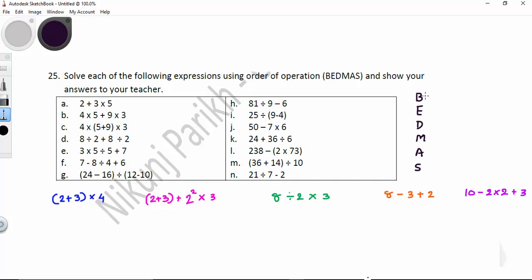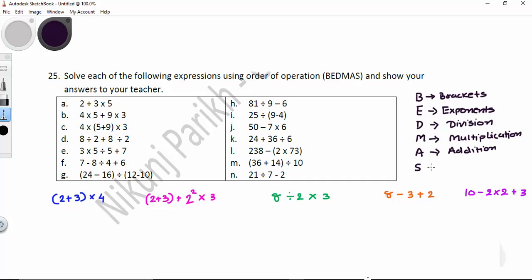B stands for brackets. E stands for exponents. D stands for division. M stands for multiplication. A stands for addition.